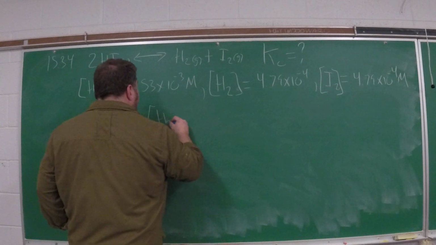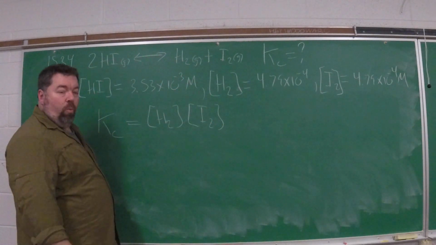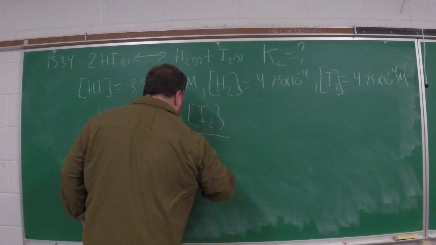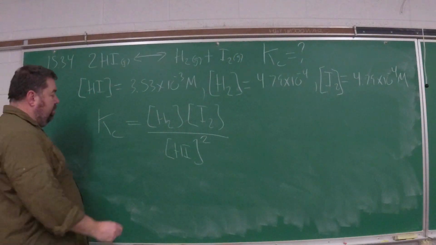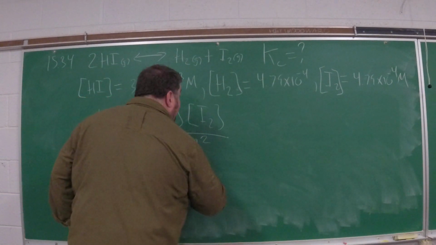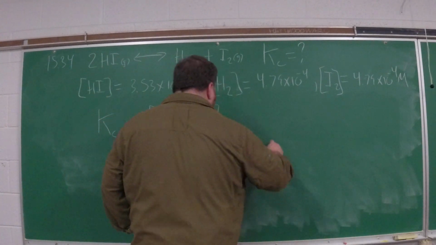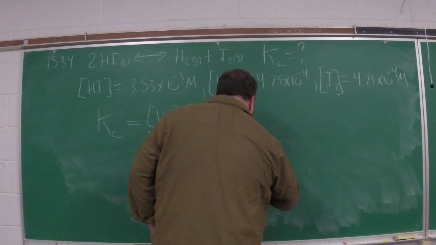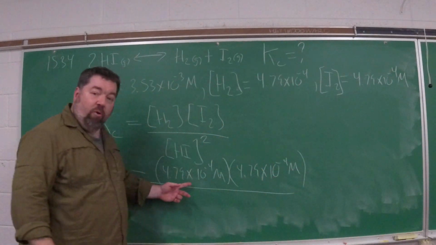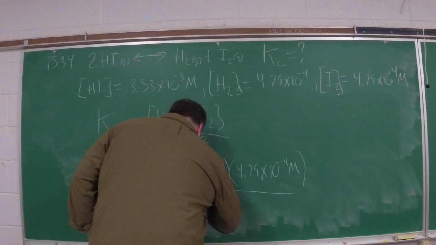Concentration of H2 raised to its stoichiometric coefficient, which is 1, times concentration of I2 raised to its stoichiometric coefficient, which is also 1, divided by concentration of HI squared, right? Now plug in your values.